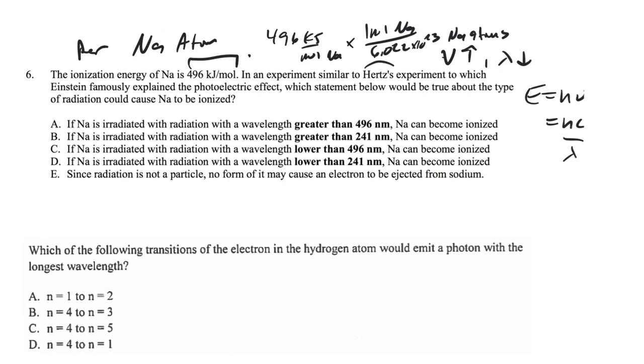So just using Avogadro's number, I'm going to do 496 kJ per mole, divide by 6.022 times 10 to the 23. That gives me 8.24 times 10 to the minus 22 kilojoules.